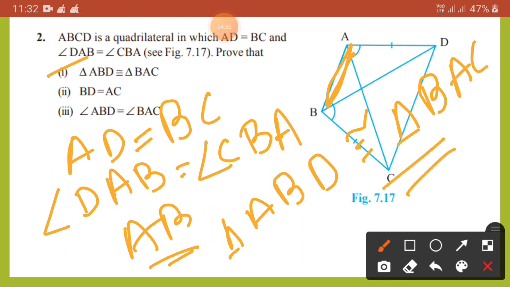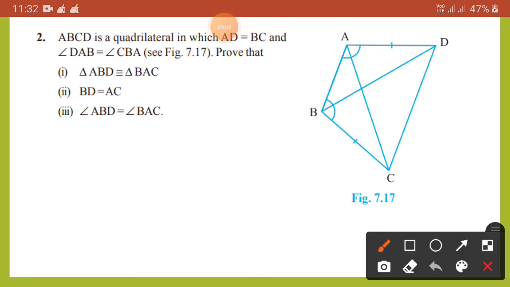So we have proved that triangle ABD is congruent to triangle BAC by SAS congruence. So easily you can say that BD, that means this side, is equal to this side, because these two triangles BAD and BAC are congruent.